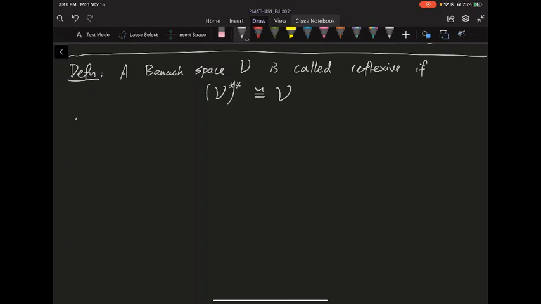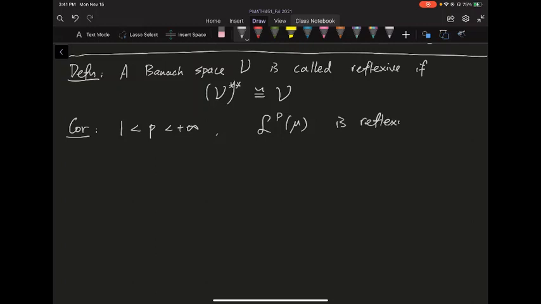But the immediate corollary is that the L^P space of a sigma finite measure space is going to be reflexive. So for every p strictly greater than 1 and strictly less than infinity, we basically proved that L^P(μ) is going to be reflexive.